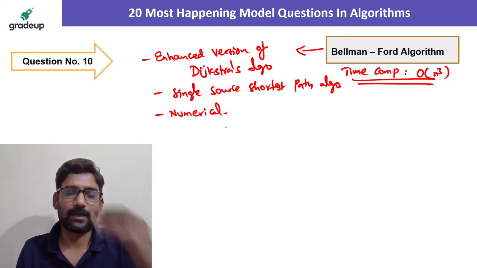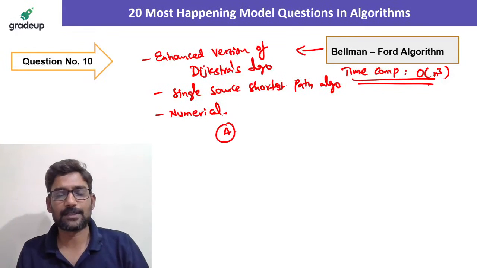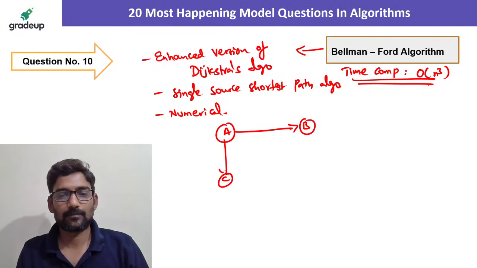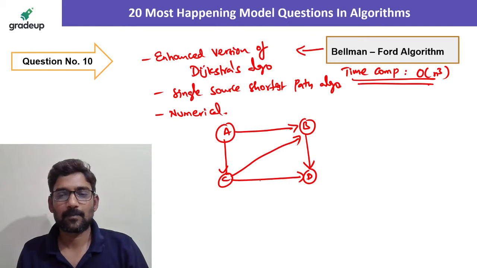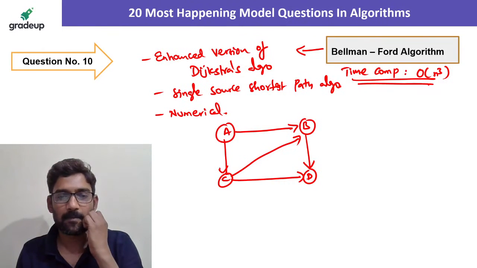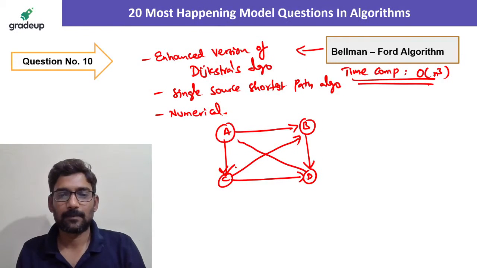Like you will be given a graph with negative weight edges. Something like this.